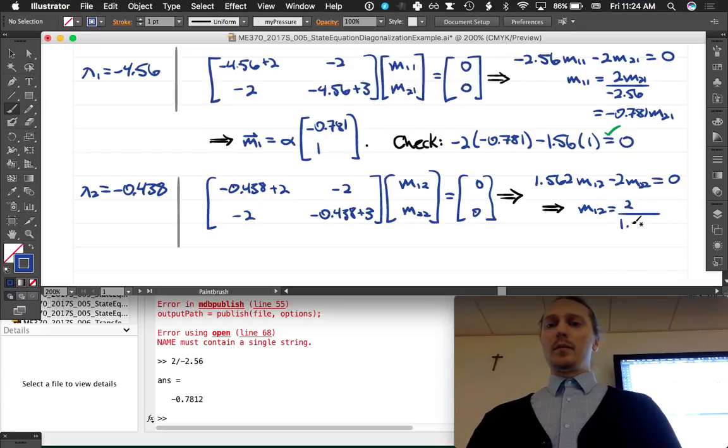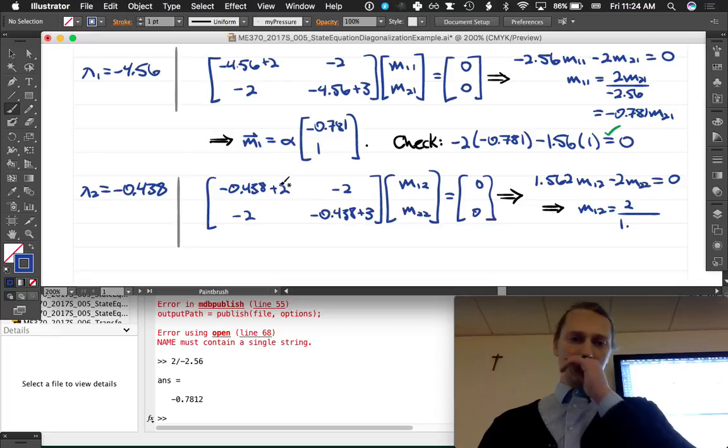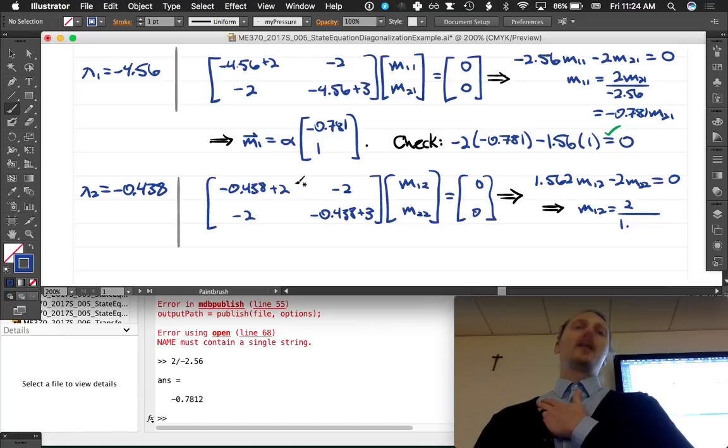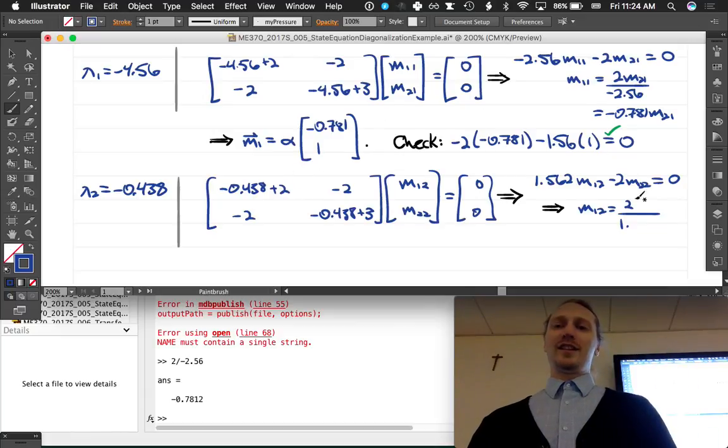Should be a negative or a positive right there, right? Oh, here we're just adding because we're just using this first row equation. Cool.